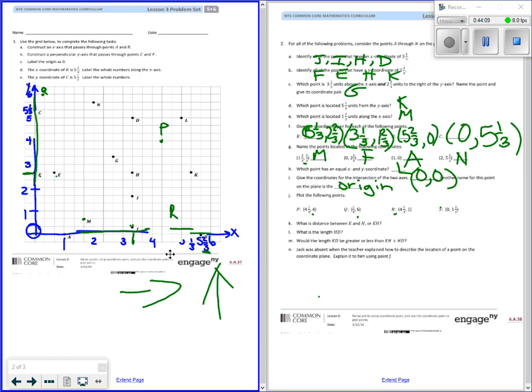Okay. So the one thing that I would say, and I'm not fussing or anything, the only critique is, if I were scoring this and wanted to be persnickety, I'm not exactly sure where your R is. I don't know if your R is down here or here. You see how every single thing up here has a dot. It says plot a point and label it with a letter.